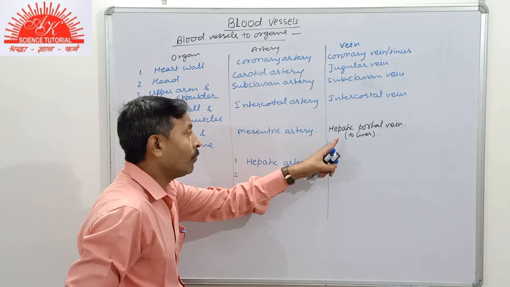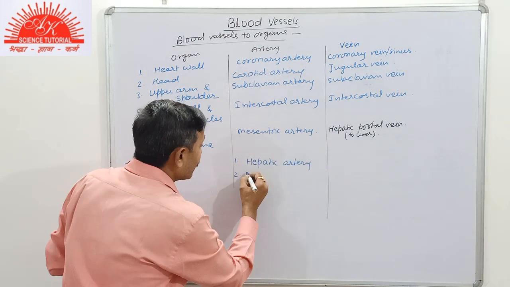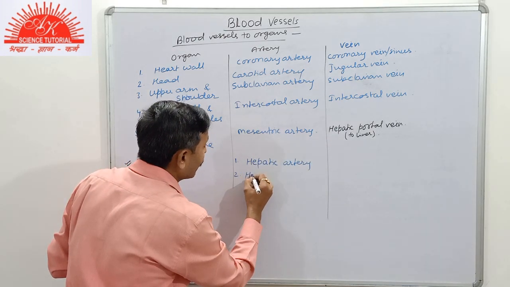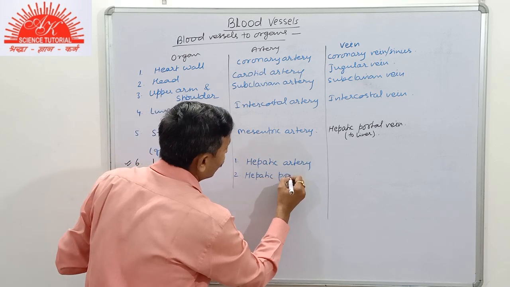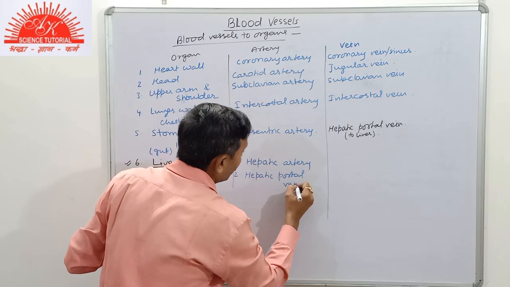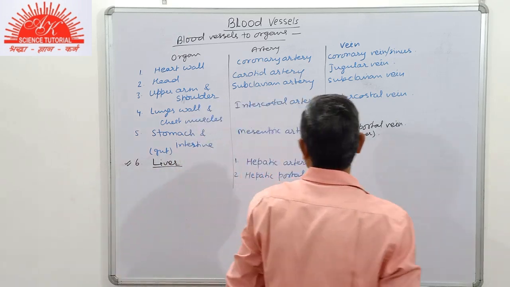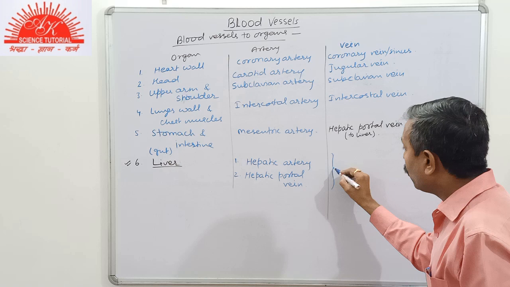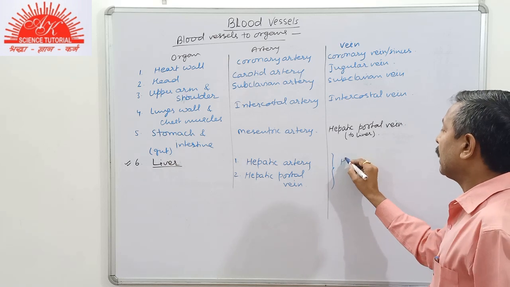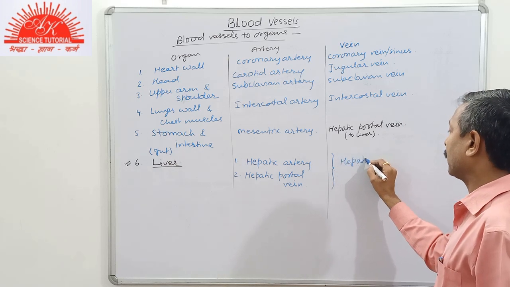And second, from the stomach and intestine, that is the hepatic portal vein. And from the liver, its own vein will arise, that is called hepatic vein.